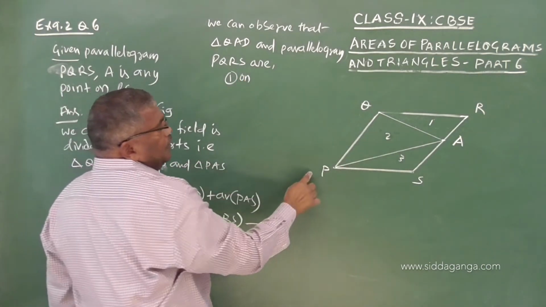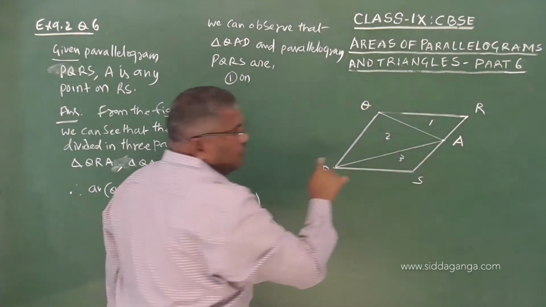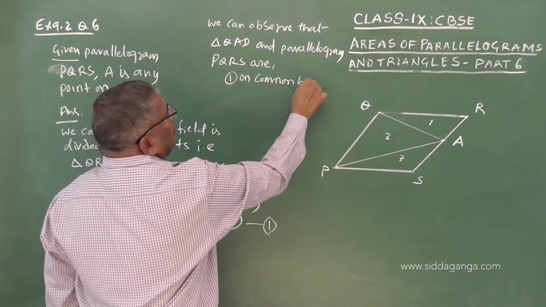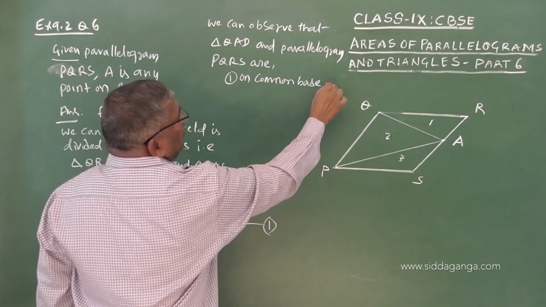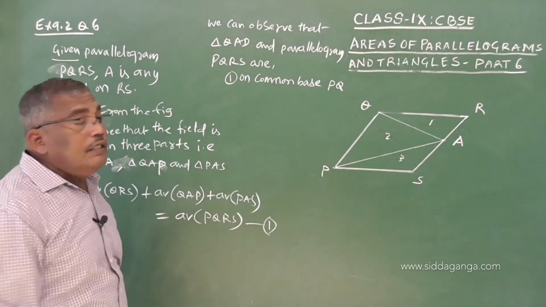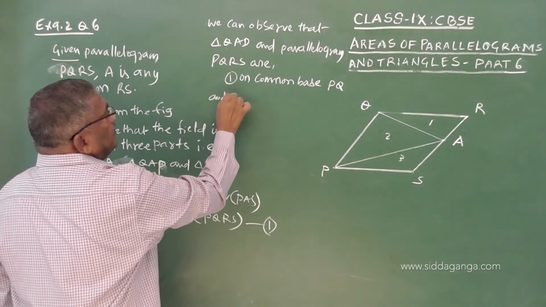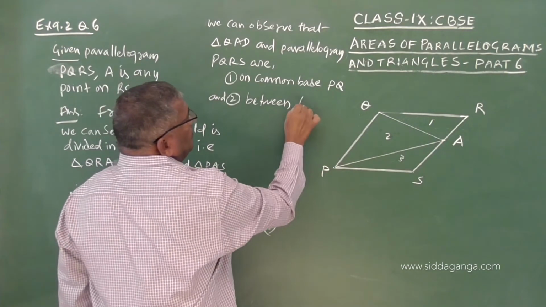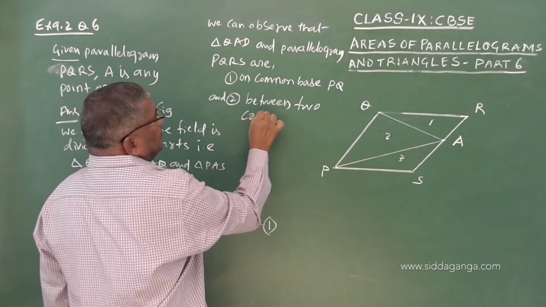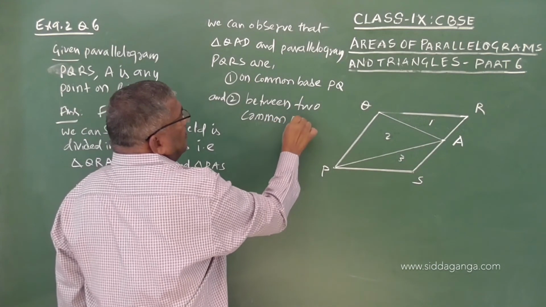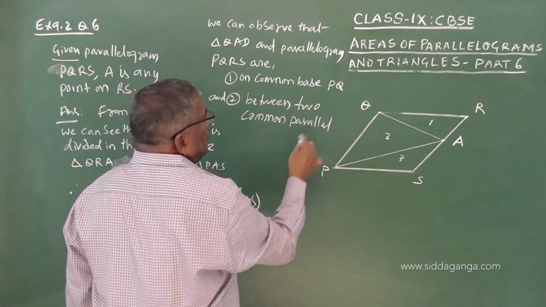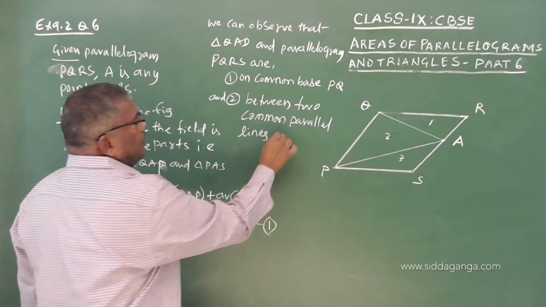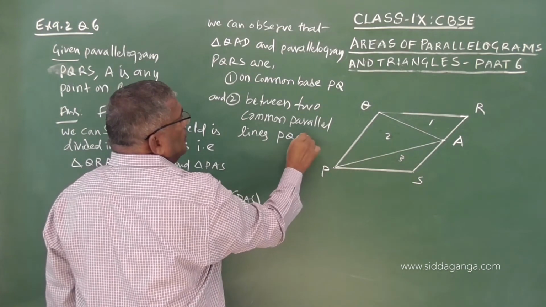You observe here, PQ is the common base for the triangle as well as the parallelogram, and second, between two common parallel lines. What are those lines? PQ and RS.